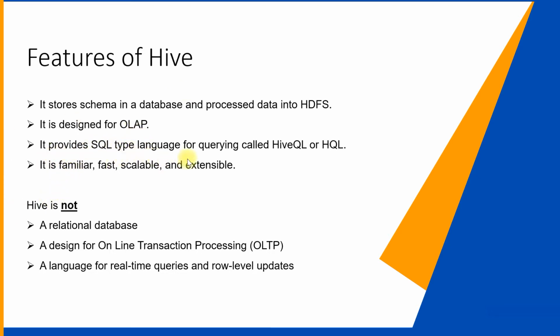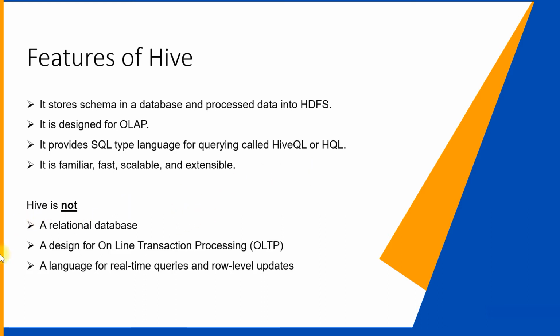It provides a SQL type of language for querying the data underneath, right? It's also called HQL. You don't have to write any MapReduce. Hive query is very much similar to MySQL or SQL Server, wherein we would be using select star from so-and-so table. So that is internally converted into a MapReduce program in the Hive engine, right? It's also called the execution engine.